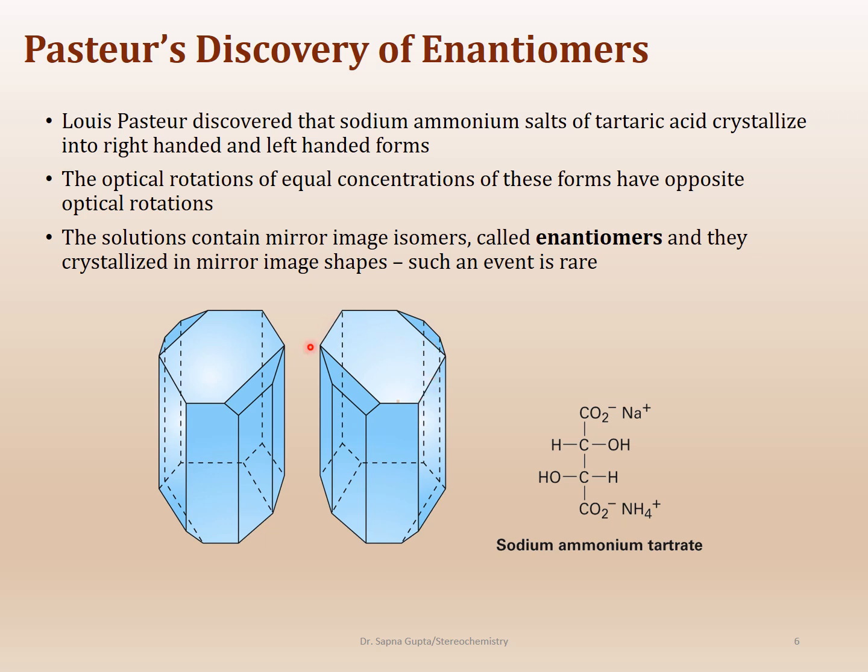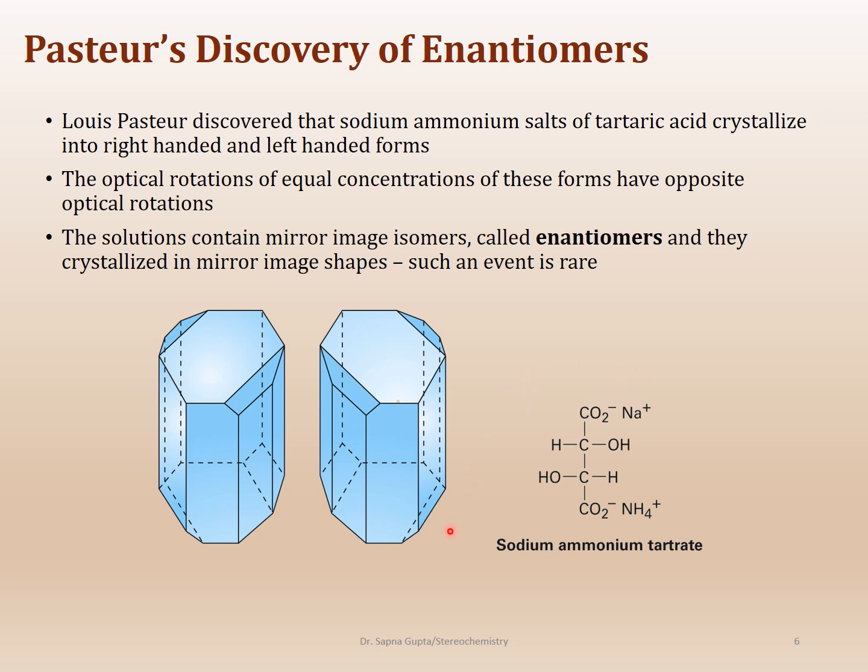So these 2 crystals, he separated them out, and then he observed them under his polarimeter, and he found out that they rotated the light in different directions. Everything else about the 2 crystals was the same, which means their melting point and other properties were all the same. And that's when he coined this term about stereochemistry and about enantiomers and so on.